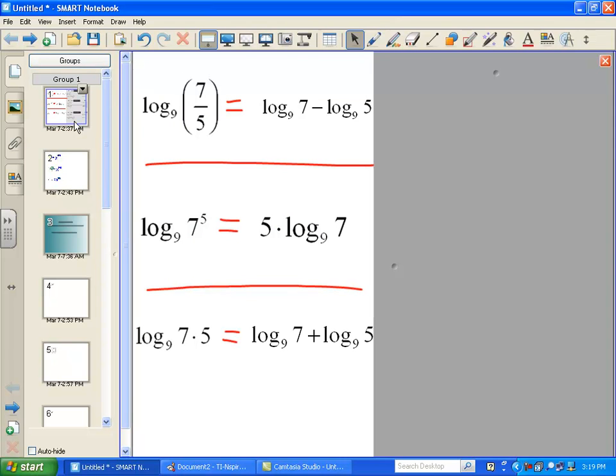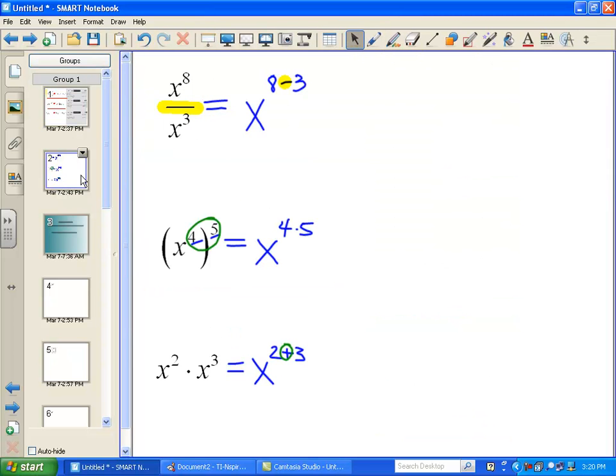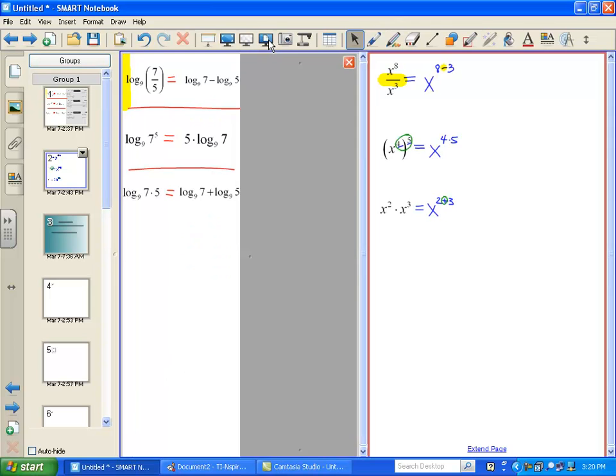For example, look at this one up top. Remember the rule that we just went over: if I am dividing 2 bases, then I subtract the exponents. Well, let's check it out over here. It's the same thing.